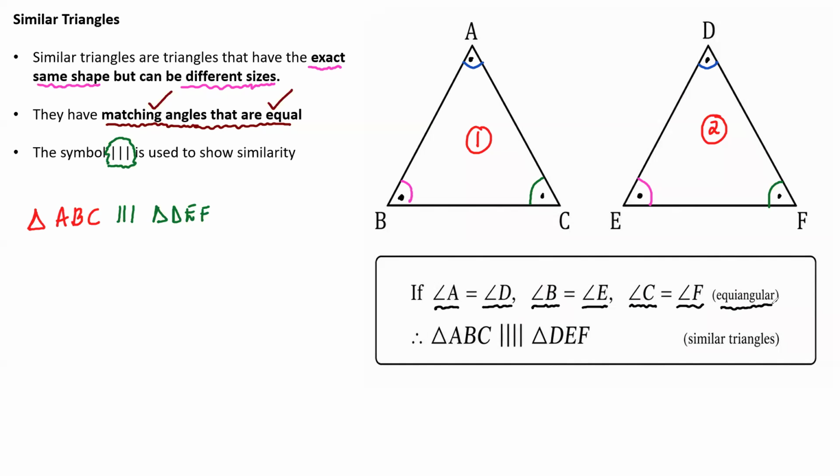In other words, it shows me that inside the two triangles, the matching angles are equal. If we establish that the matching angles are equal, then the conclusion is triangle ABC is similar to triangle DEF.